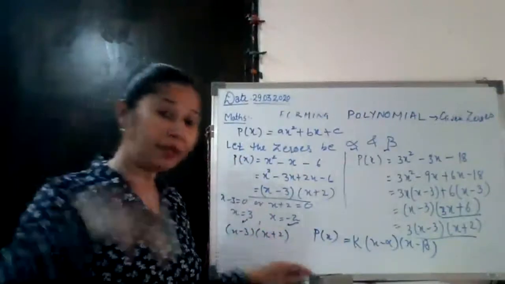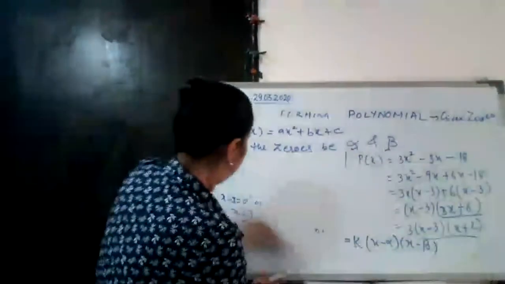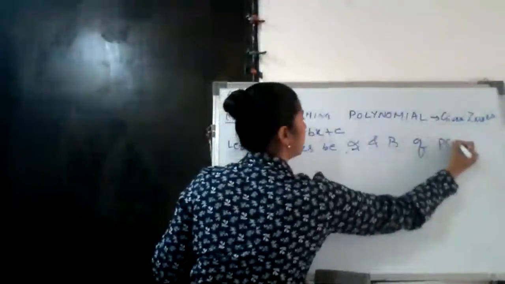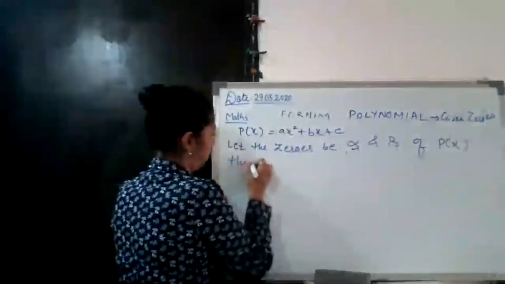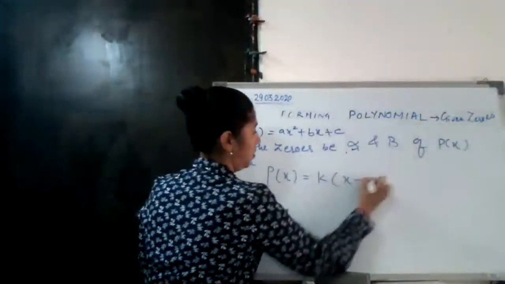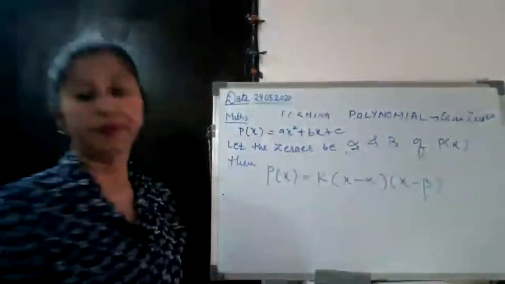Okay, so that means when alpha and beta are the zeros of the polynomial, did you get this?